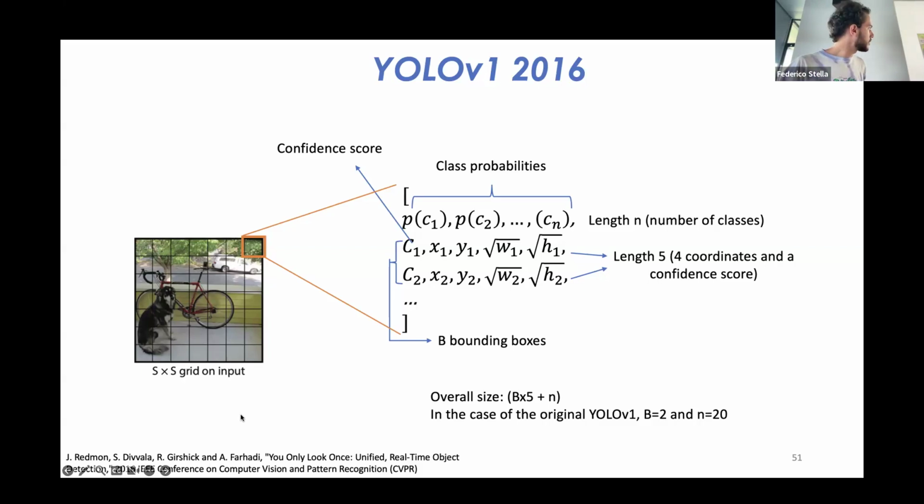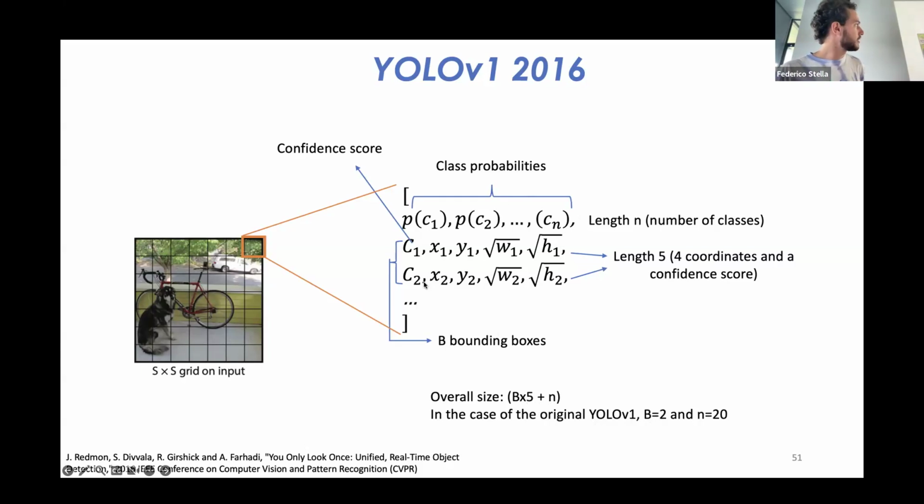So what's the size of this output? We have B bounding boxes, 2 in the case of YOLO. Each of them has length 5, and we have 20 classes. They don't use ImageNet, because ImageNet doesn't have the box information. They use another dataset. So the overall length of this output is 2 times 5 plus 20, which is 30.